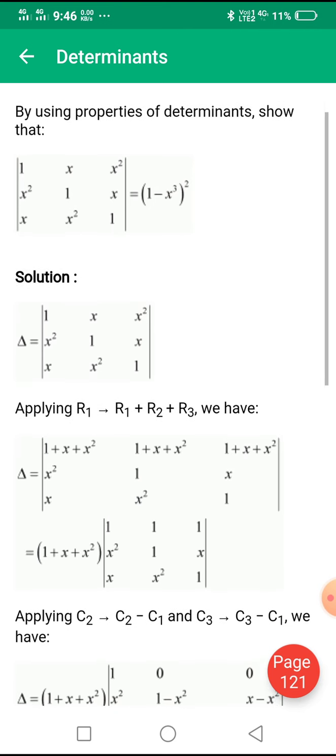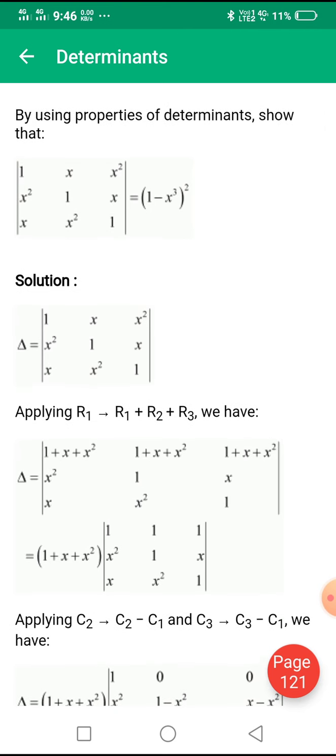If you observe, if I add row 1 plus row 2 plus row 3, then I will get 1 plus x plus x square, right? So here we will apply the property R1 gives R1 plus R2 plus R3, and we have the first row as 1 plus x plus x square.